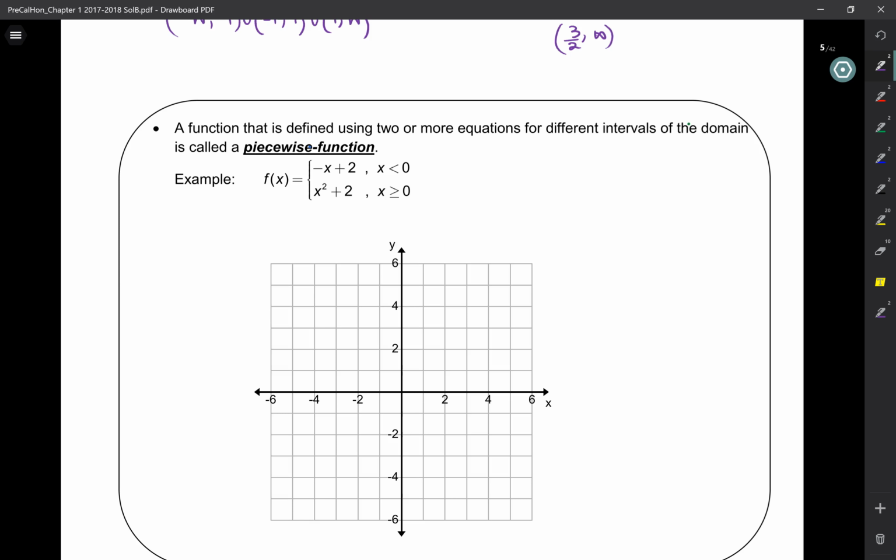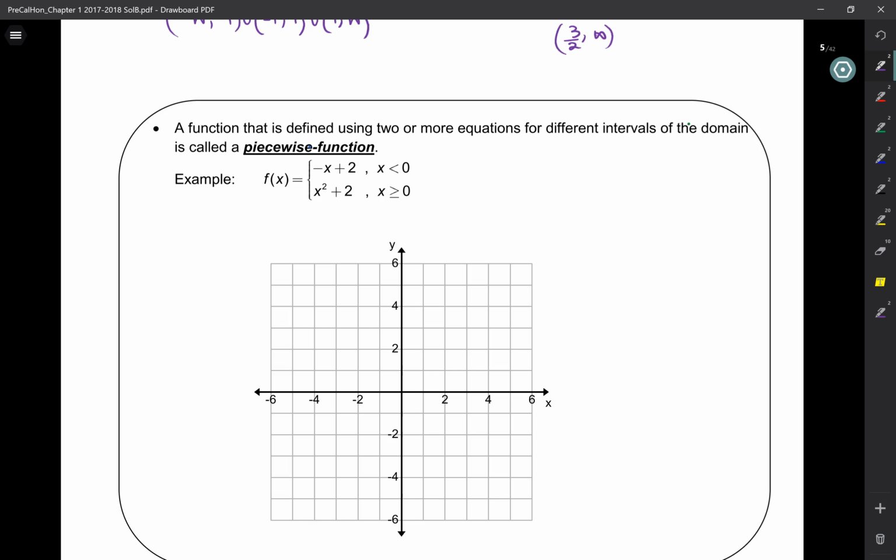Okay. Piecewise functions are defined in pieces. There is always a region where you have one function and then another region where you have another function. The inequalities on the right have nothing to do with the way the graph looks. All they do is define the region where each function will exist.